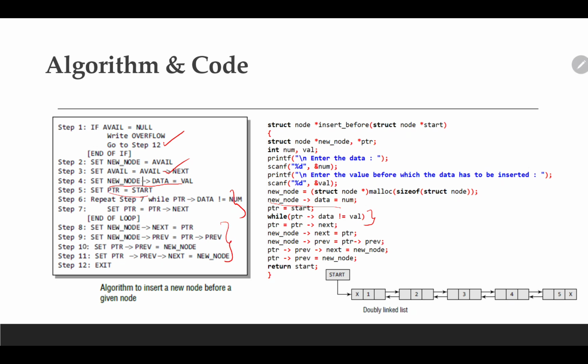By using these four statements, we are allocating the memory address for each and every link. new node->next is equal to ptr, new node->previous is equal to ptr->previous, then ptr->previous->next is equal to new node, then ptr->previous is equal to new node. Like this way we insert the new node before the given node. Here mainly we have to check this condition.